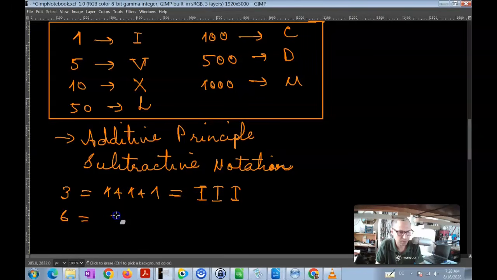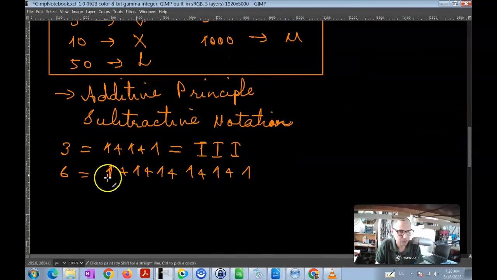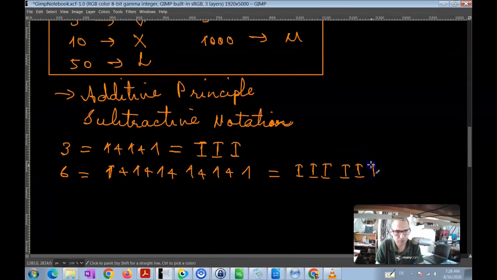You might think you would write a 1 plus a 1 plus a 1 plus a 1 plus a 1 plus a 1, but then it's just a whole bunch of ones put together, so the number gets unnecessarily way too long.